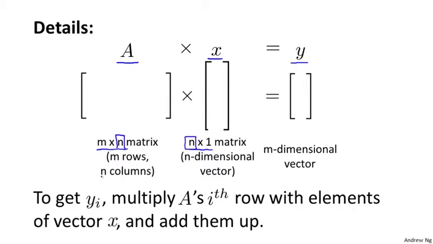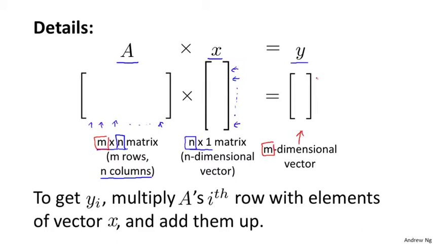In other words, the number of columns in this matrix, there are going to be n columns. The number of columns here has to match the number of rows here, or the dimension of this vector. And the result of this product is going to be an m-dimensional vector y.